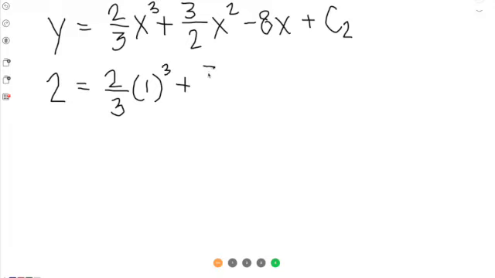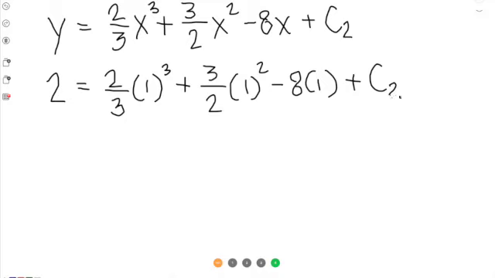So we solve the equation. We have here minus 8 times 1 plus, so solving for C sub 2, let's take everything here to the other side.